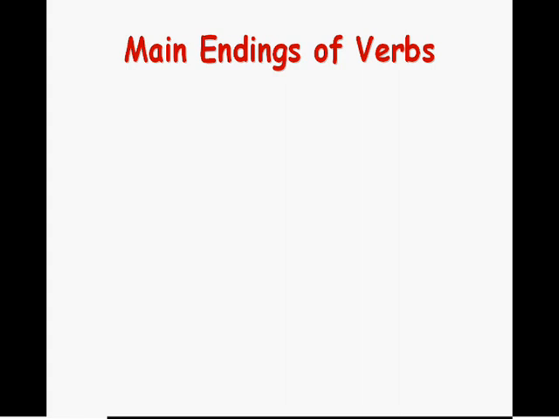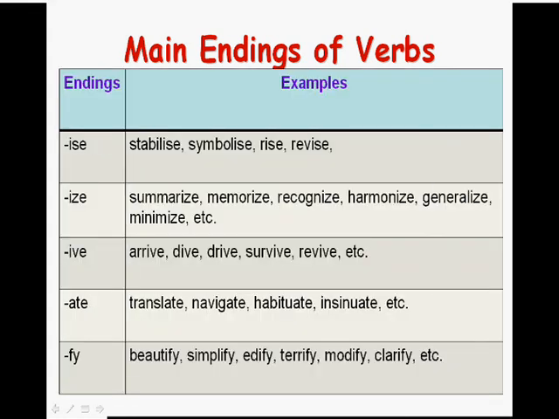So, verbs have main endings. And let's look at some of them now. So we have here the endings. In our first case is the ending ise, and the verbs can be like we have here stabilize, symbolize, rise, revise, and of course we have others.